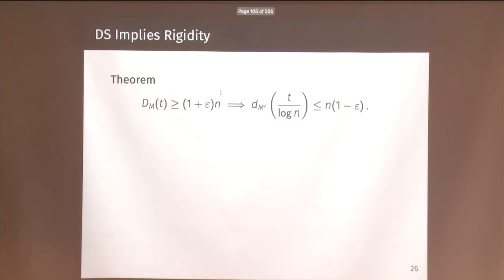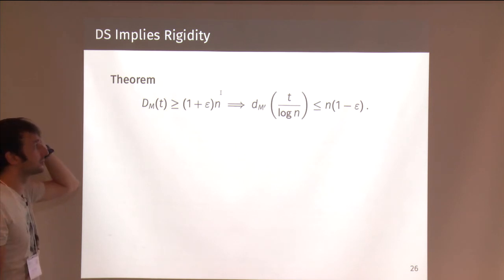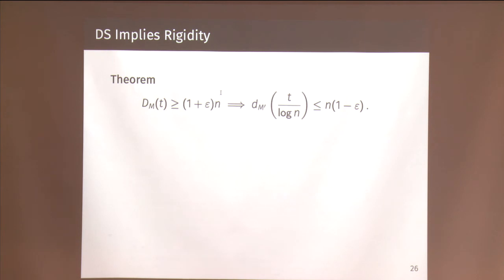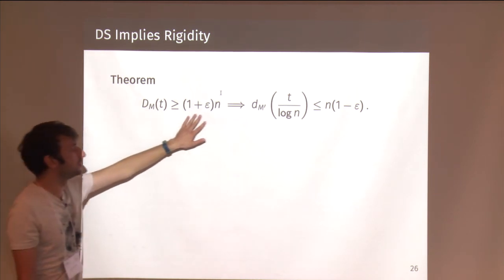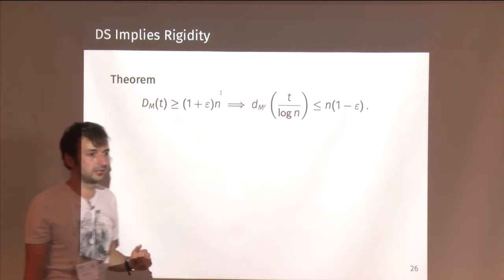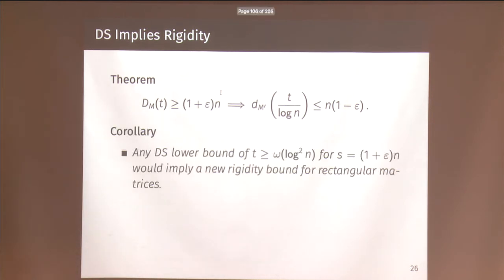So for example, what we proved on the previous slide, that data structure lower bounds imply rigidity, was actually a statement about outer and inner dimensions, as you well pointed out. We actually proved that if the outer dimension of a matrix is small, then it contains a submatrix M prime with small inner dimension. And as a corollary, we get that any data structure lower bounds imply rigidity.